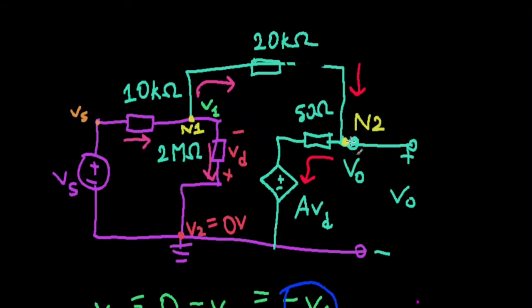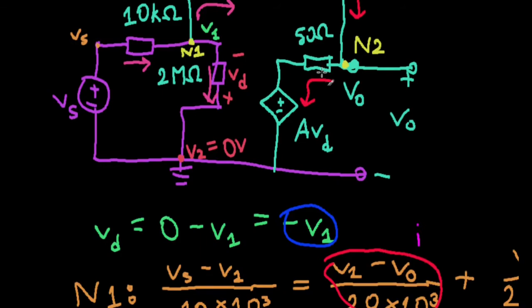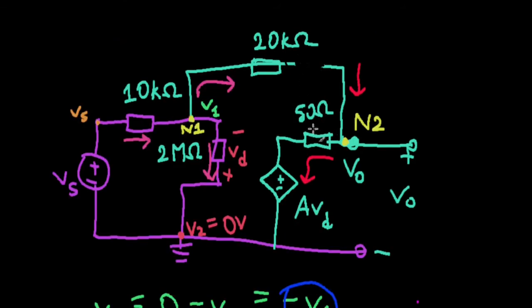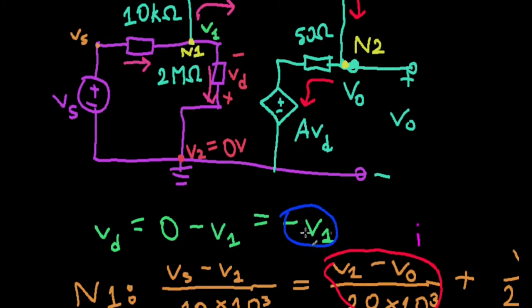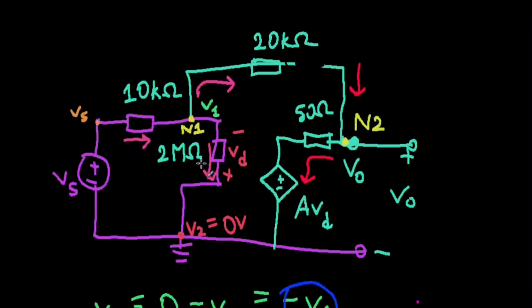Well, this current is 0, this current is 0, and so V naught is going to exactly equal, because there is no potential drop here, A into V sub D, and V sub D being equal to minus V1 is still correct, even though this is open. This did not affect this part.